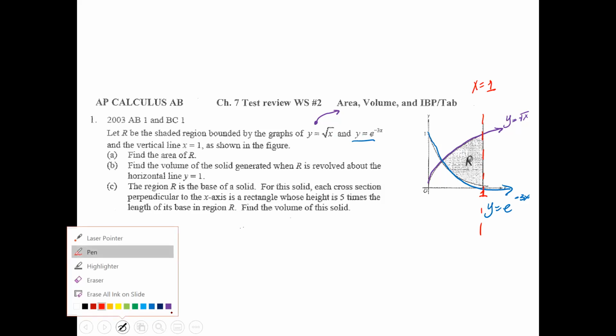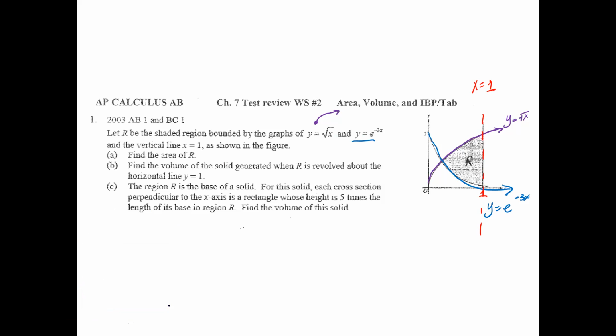All right, part A asks you to find the area of R. Let's take a look at that. In order to find the area, we want to look at how this is going to be drawn. It's not necessarily rotating on anything, but if you draw the radius for this graph, it is the top minus the bottom.